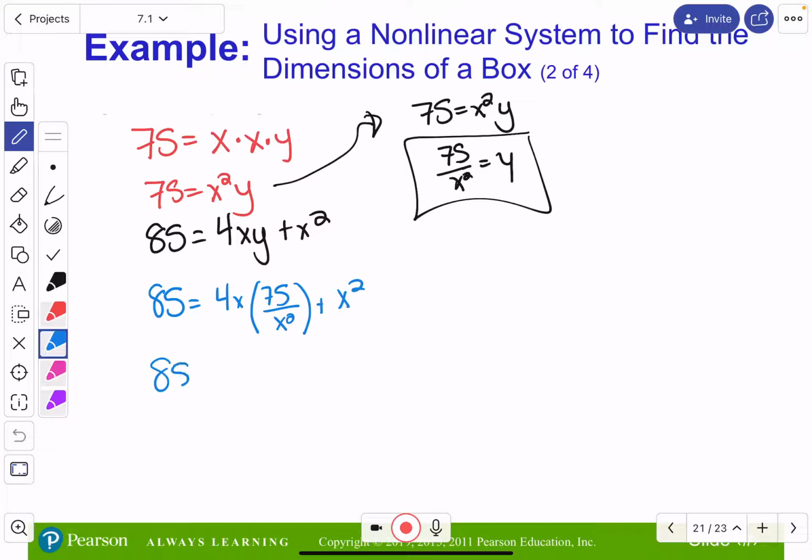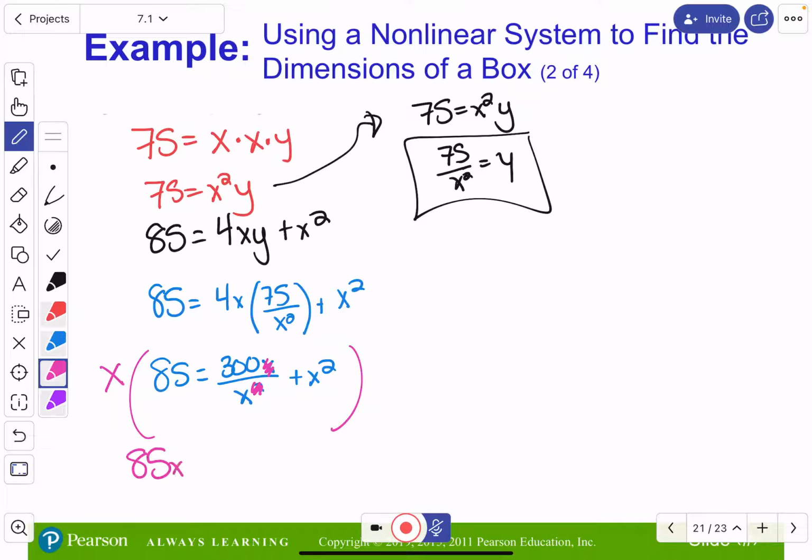If we multiply that out, 4 times 75 is 300x over x squared. Well, these x's, if we have an x on top, we can cancel 1 on the bottom. And now we're going to multiply everything by x to get rid of that fraction. So we have 85x equals 300 plus x cubed.